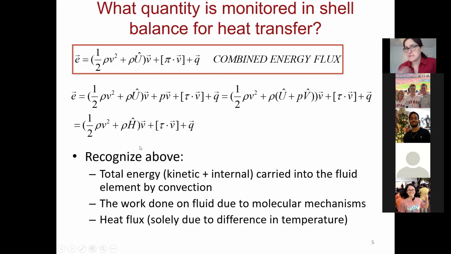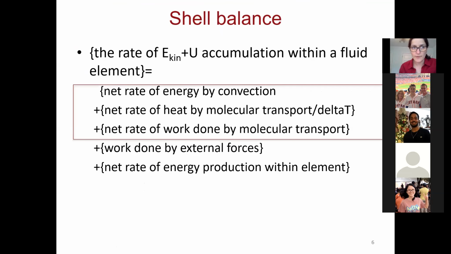And that's a little easier to then solve for. What I'd like you to understand is what these parts of this combined energy flux are. We have the convective part, we have the work of molecular forces, and then we have the classical Fourier's law, which is just heat transfer because of temperature differences only.